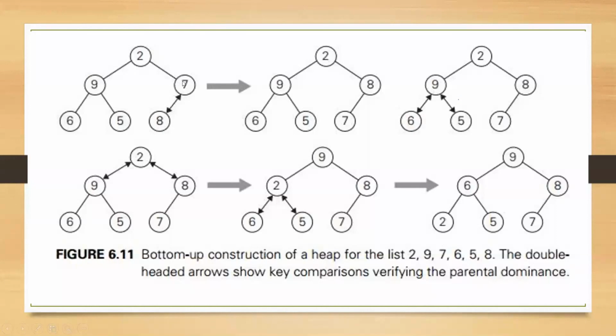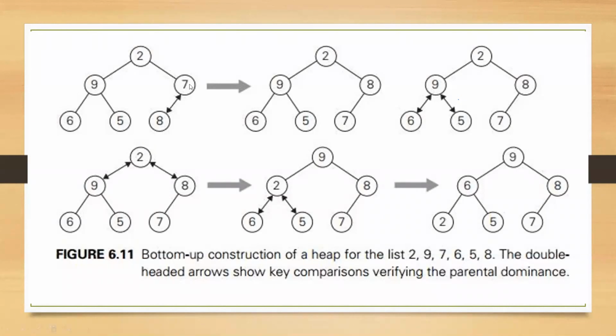So directly you can take this 7 and put it there. That means you are just swapping 7 and 8. So now 8 has come to the root position and 7 has come to the left child position. This has to be done for all the parental nodes until you reach the root node, starting from the last parental node.